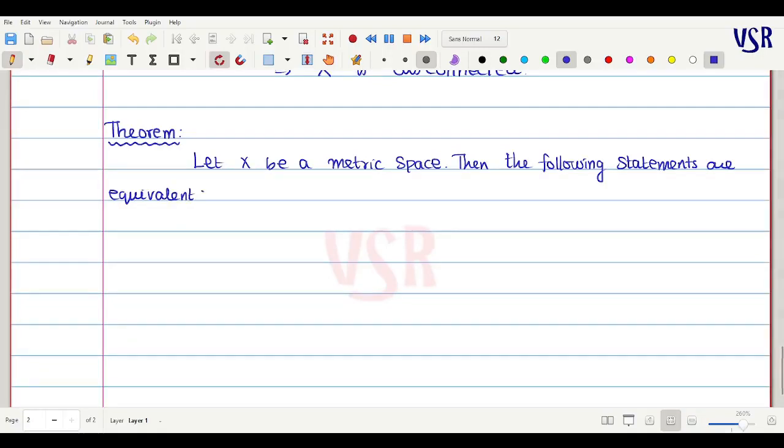This is what I am going to prove: four statements are equivalent. Number one, capital X is connected.